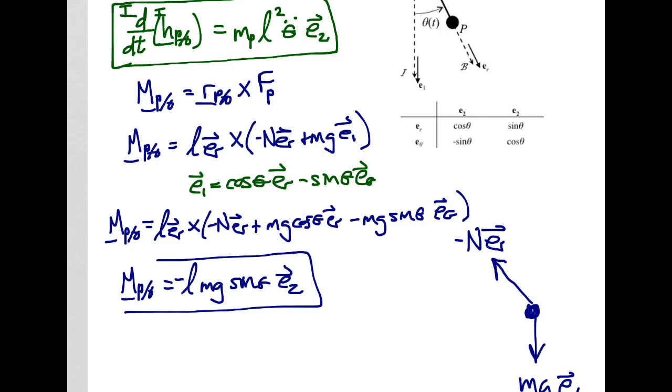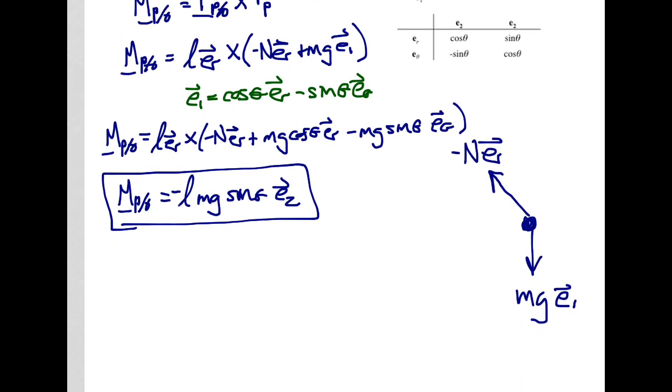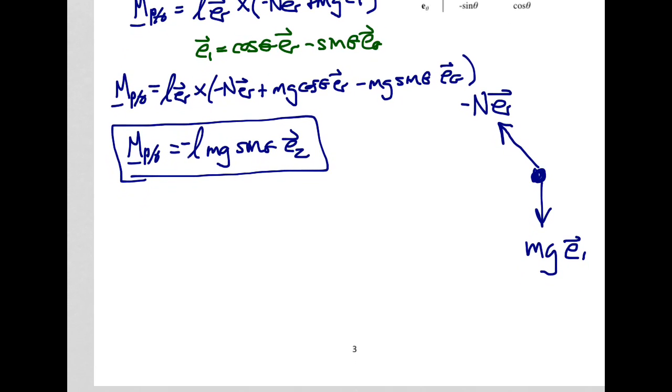And so now that we've got this, we take these two expressions and combine our sides. Let's equate both sides. On our left hand side, it's the mass of particle P times L squared times theta double dot in the e_z direction.